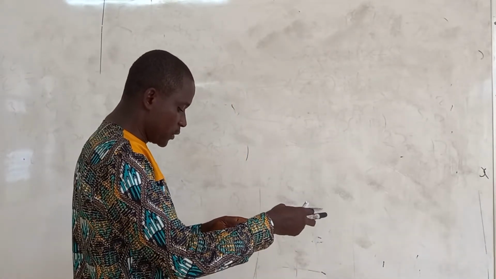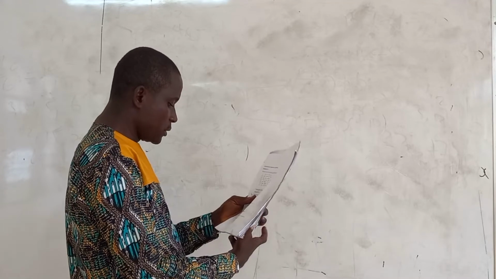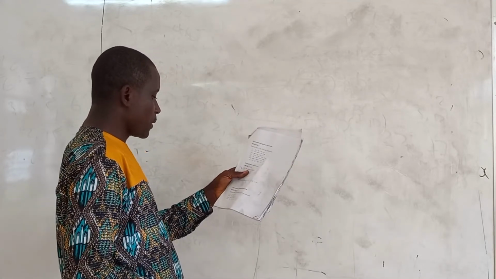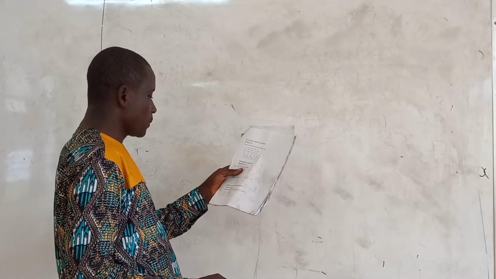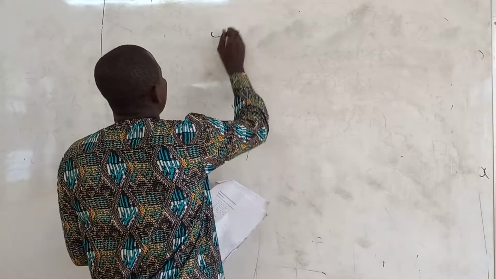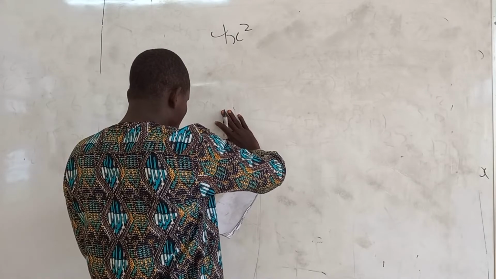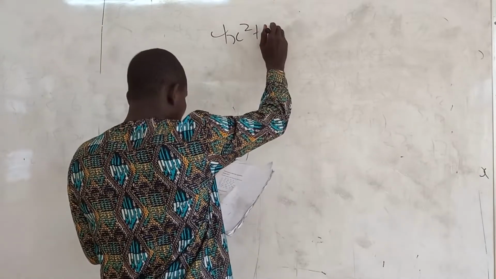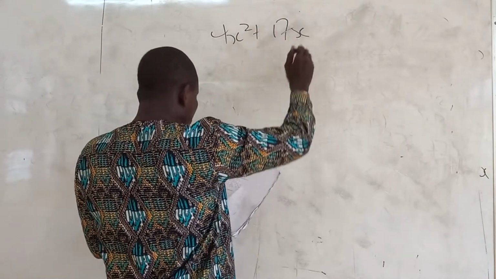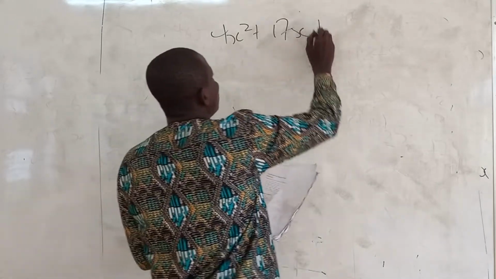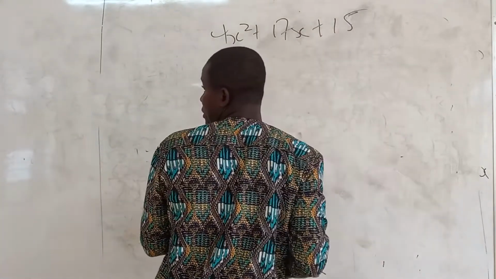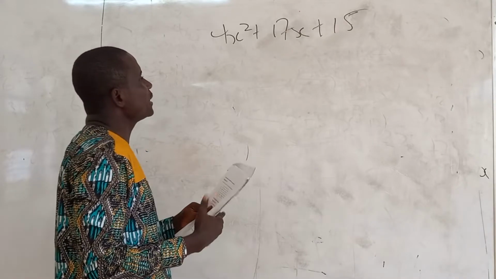Now let us see another one. We have 4x squared plus 17x plus 15. Alright?